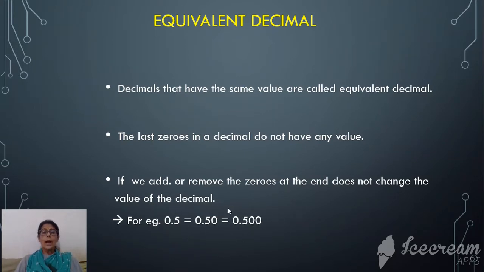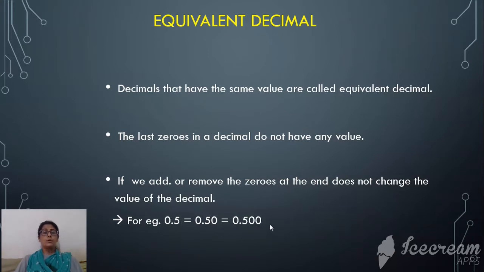So these are all equal: 0.5, 0.50 and 0.500. Every number has the same value. Understand? So we can say 0.5 is equal to 0.50 is equal to 0.500. So this is known as equivalent decimals.